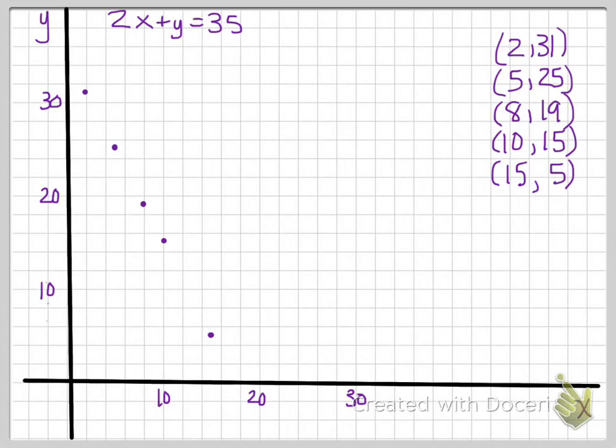Okay, so this plots some of the combinations of drinks and candy that could be bought for $35 total. All right, and they're all positive. Now, I could have picked negative numbers, but they wouldn't have a meaning in this situation, right? So we're going to stick to positive numbers for this one.